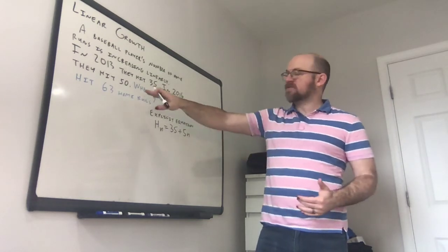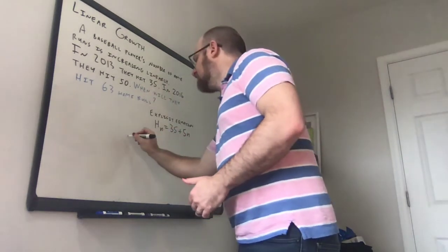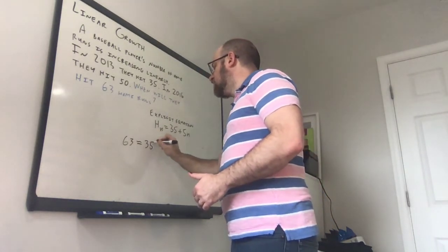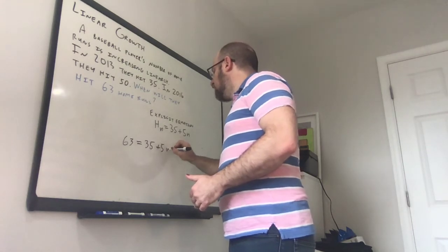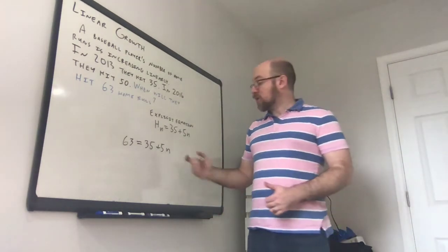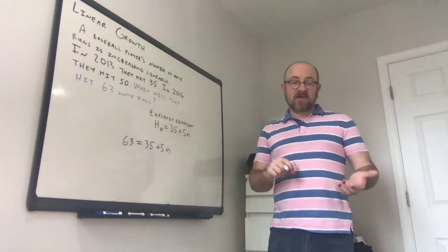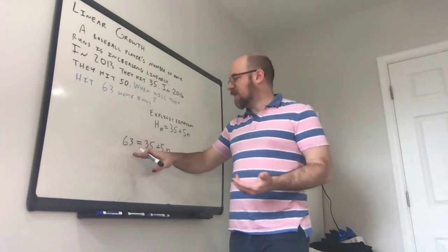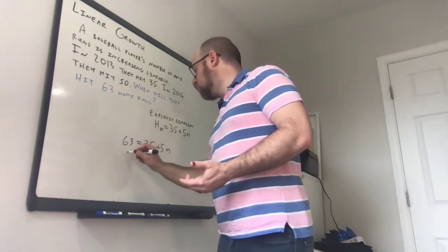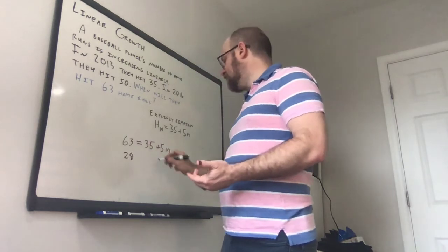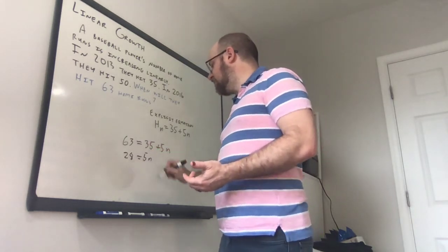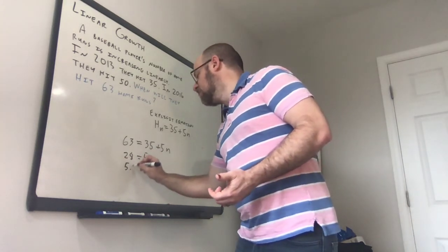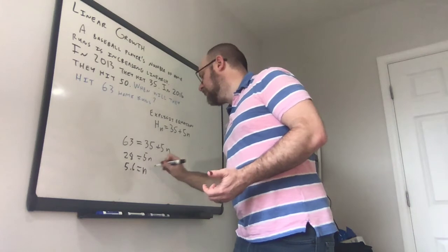And so what we're going to do to solve something like this is we're going to say 63 is our h sub n, so 63 is equal to 35 plus 5 times n, and we're going to solve for n, right, and find the time. So we do that. That's pretty easy to do here. Subtract 35 from 63, so that's 28. Yeah, 28 equals 5 times n. We divide by 5, so that's going to give us 5.6 equals n.